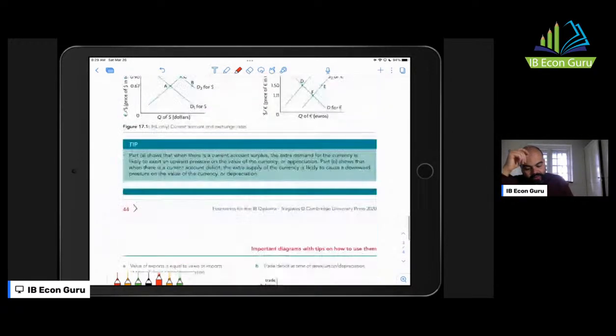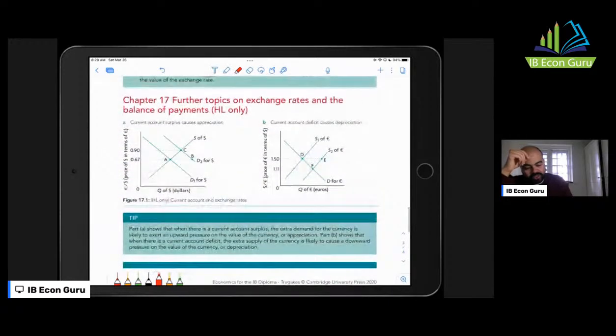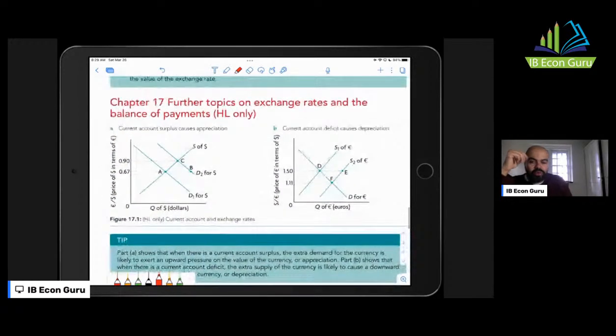Now, I don't really want to talk about the balance of payments, but I do want to talk about the relationship between exchange rates and the balance of payments. Okay, so remember, a surplus on the current account will cause appreciation. Why?